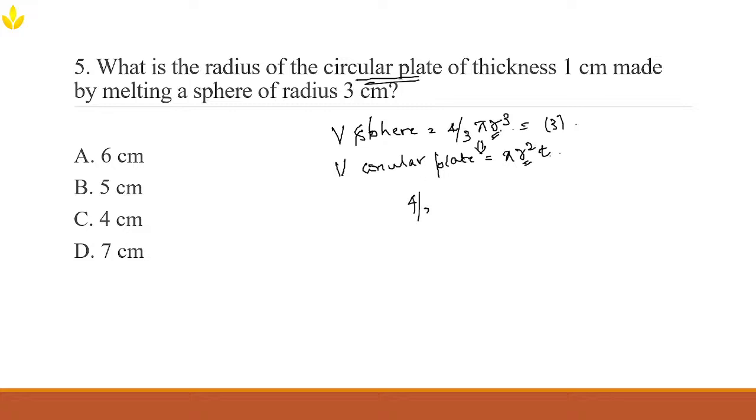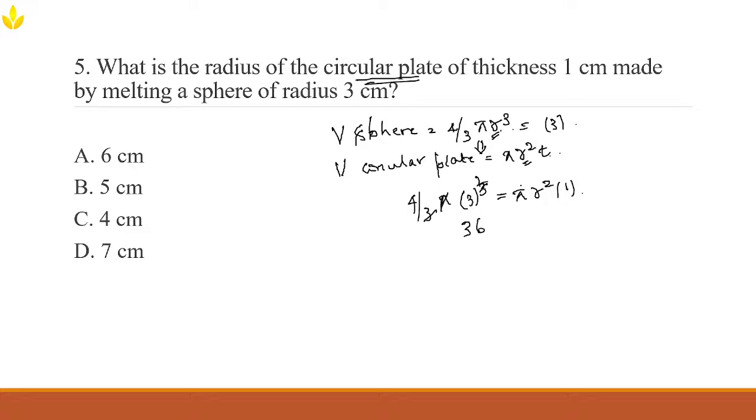So 4 by 3 pi into 3 to the power of 3 is equal to pi r square into t, where the thickness is 1. So one of the 3s will get cancelled with this 3. So we are left with 3 square. 3 square is nothing but 9. 9 into 4 gives you 36.